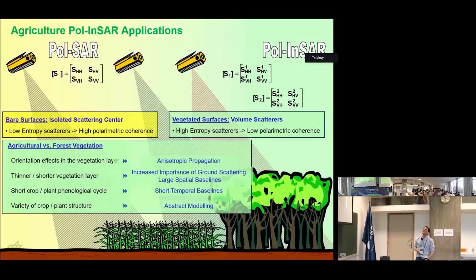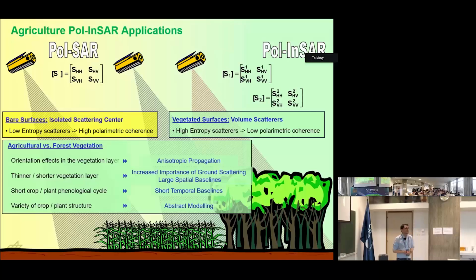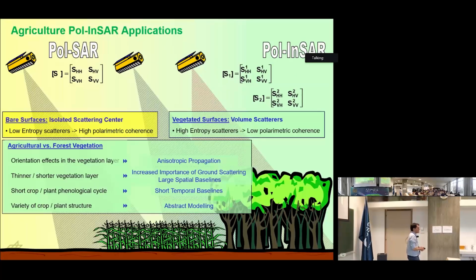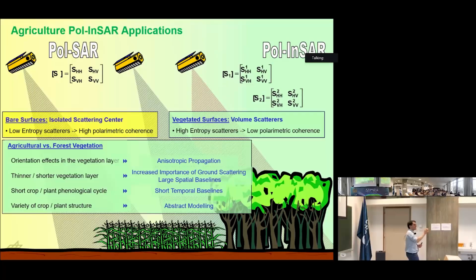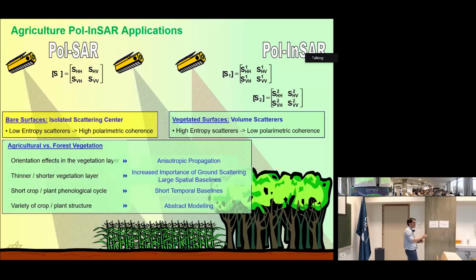What are the differences between agricultural and forest volumes? The first one is that, you remember, one of the assumptions we made, which for forest is normally verified, is the random volume assumption: all the vegetation elements are distributed in a random way, so that the vertical reflectivity profile is the same for every polarization.